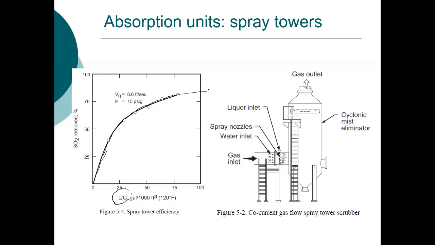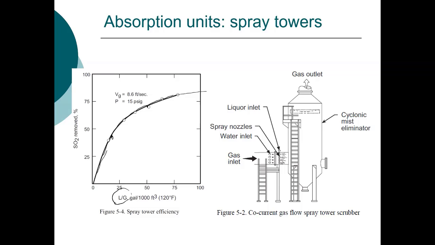You're not going to get the increase in removal efficiency that you would get with a lower ratio. So for instance, if we look at a ratio of 25, we can get maybe about 40% removal.